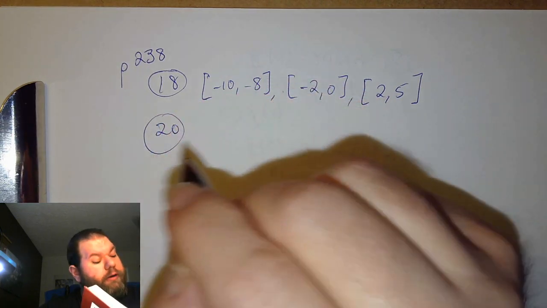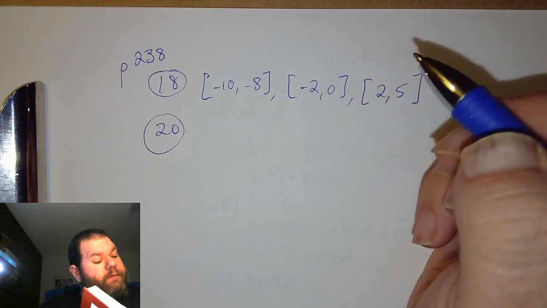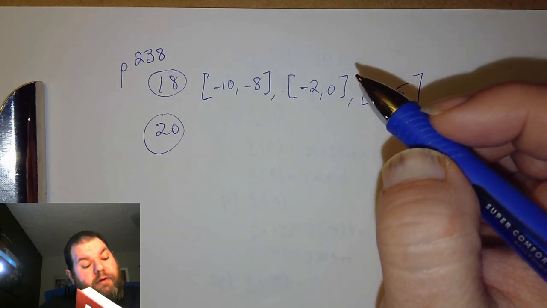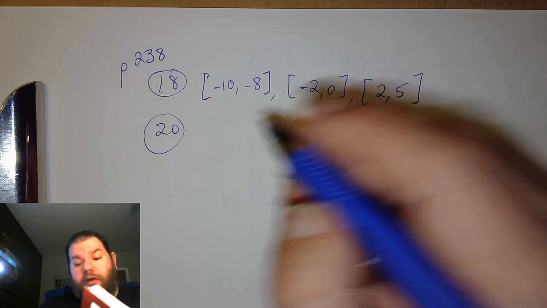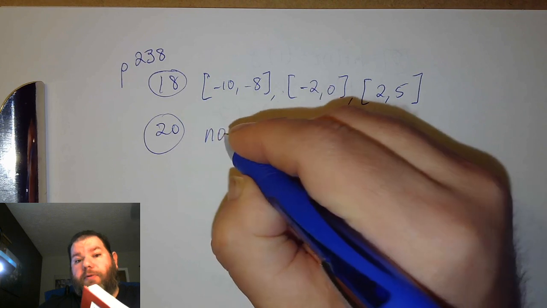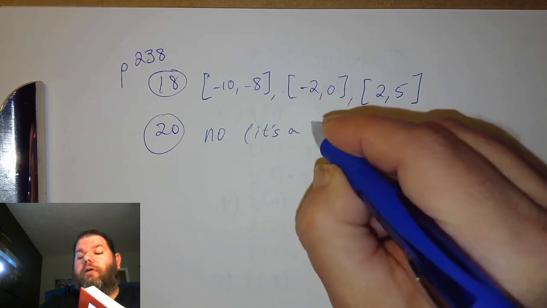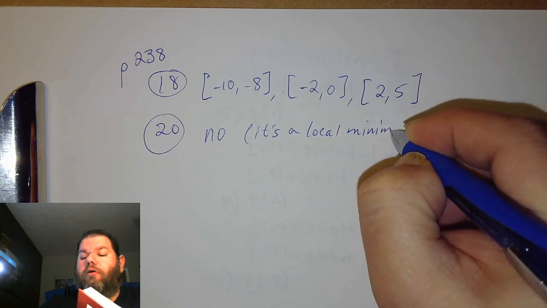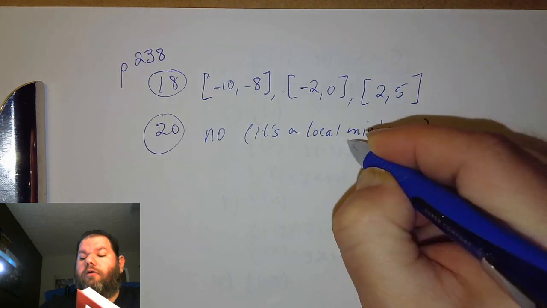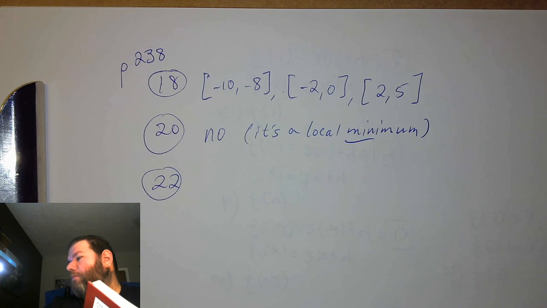Number 20. Let's see, is there a local maximum at 5? No. In fact, that's a local minimum at 5. Okay, 22.